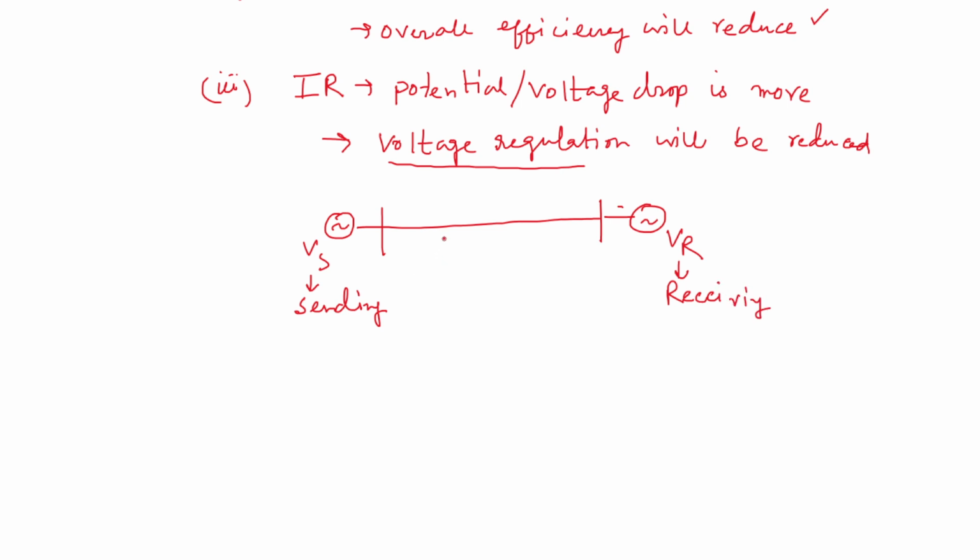The voltage regulation is given by Vs minus Vr, this difference. The lesser this difference between sending end voltage and receiving end voltage, the better the system is. That means if the difference between Vs and Vr is lesser, then our system performance will be better.